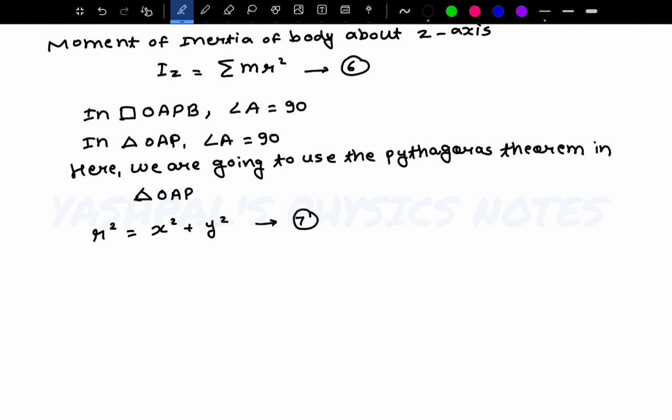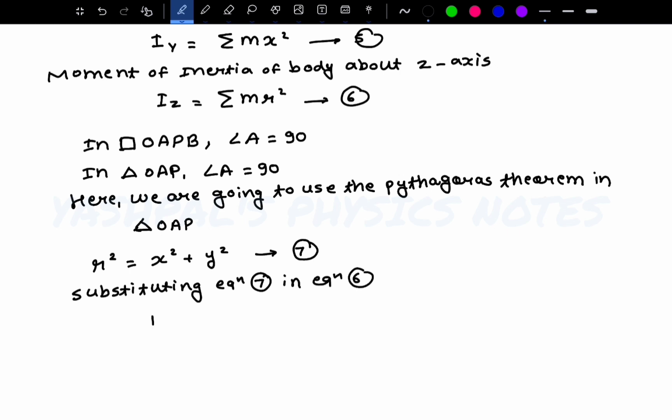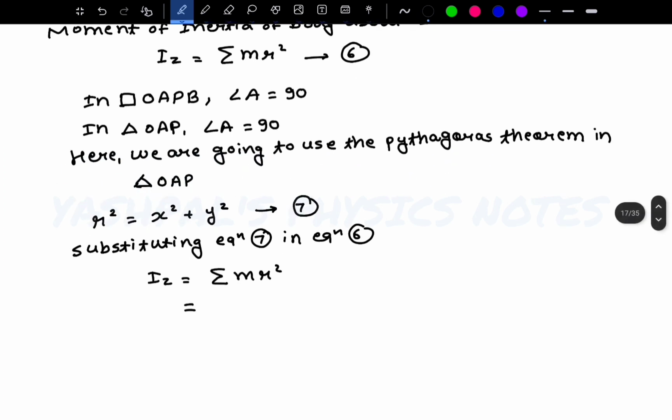Now what we are going to do, we are going to substitute this equation 7 in equation number 6. So our equation number 6 was Iz equals summation m r square, but here we have already found the value of r square, so I can substitute it directly. m into x square plus y square.